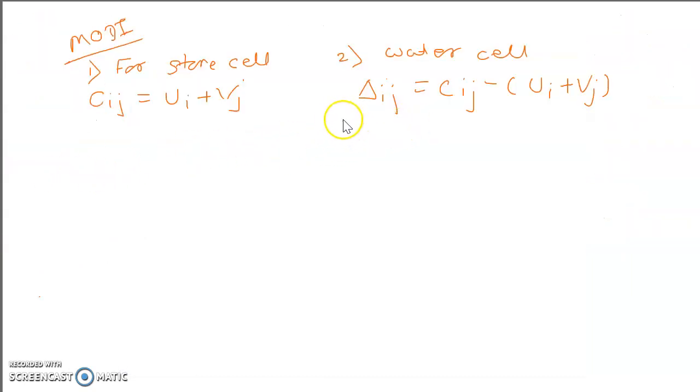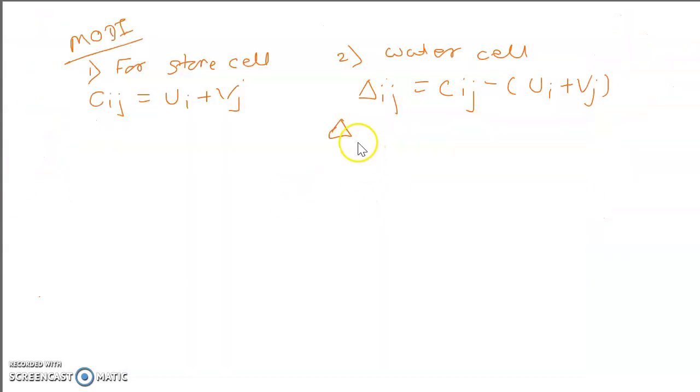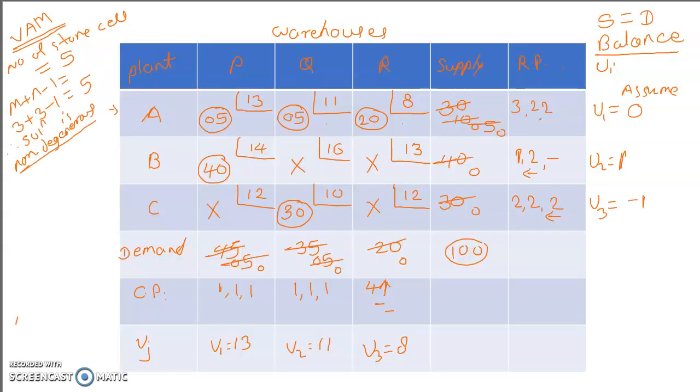The first water cell is cell number 22. So delta 22 is equal to C22 minus (U2 plus V2), where the value of C22 is 16, U2 is 1 and V2 is 11.